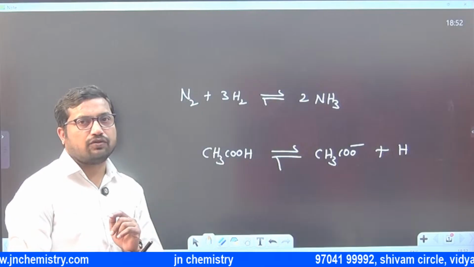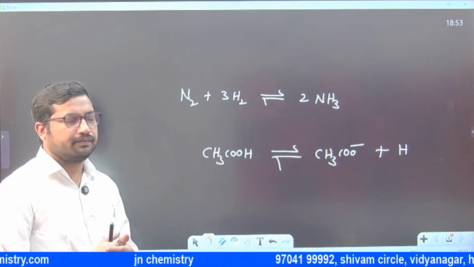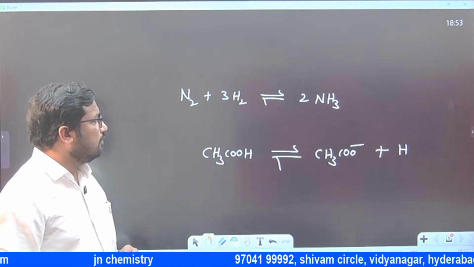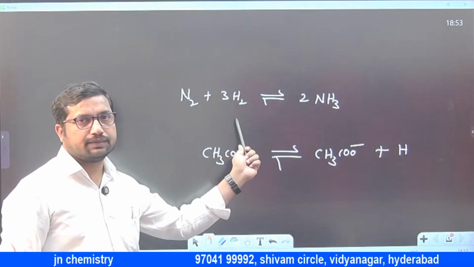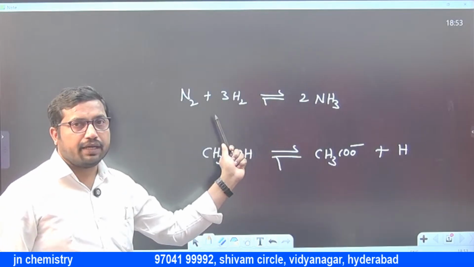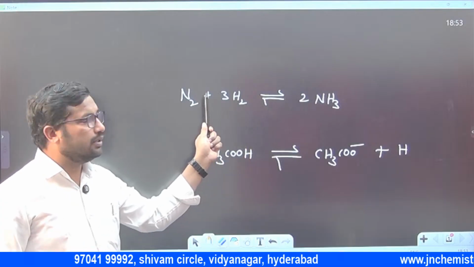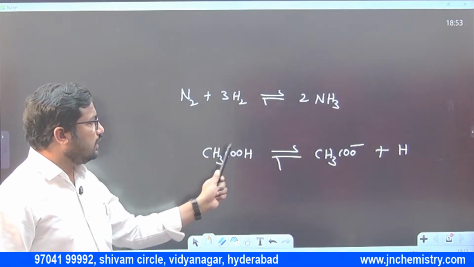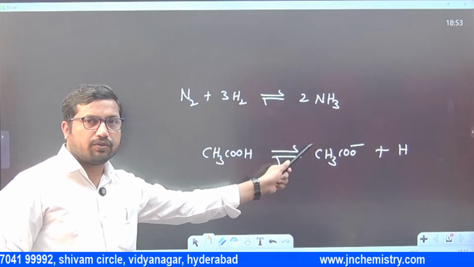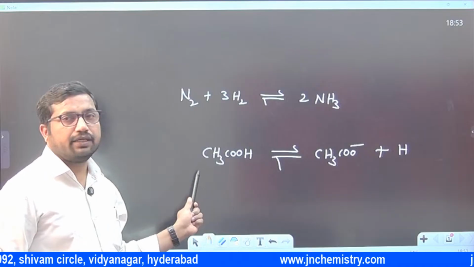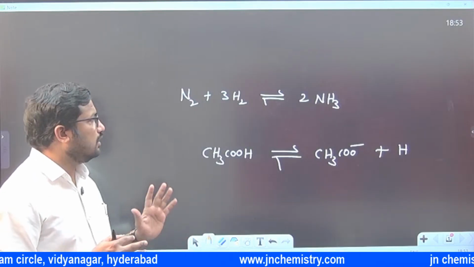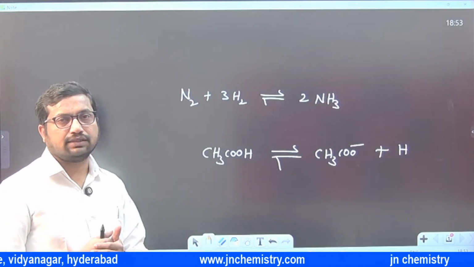Both are equilibrium. So what is the difference here? Both are reversible reactions. Reversible means reactant is converting into product, and at the same time product is converting into reactant. In this case also reactant is converting into product, and product is converting into reactant. So what is the main difference?